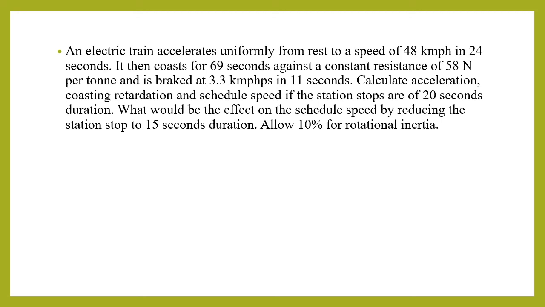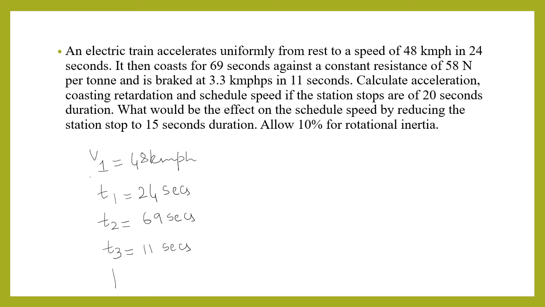We have the data given. V1 is equal to 48 km per hour, T1 equal to 24 seconds, T2 equal to 69 seconds, T3 equal to 11 seconds, beta equal to 3.3 km per hour per second, R equal to 58 Newton per ton, Ts equal to 20 seconds.